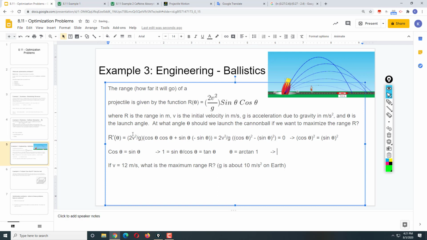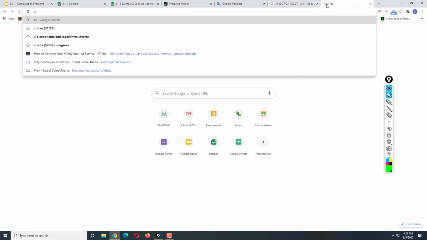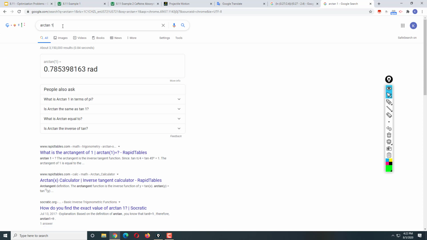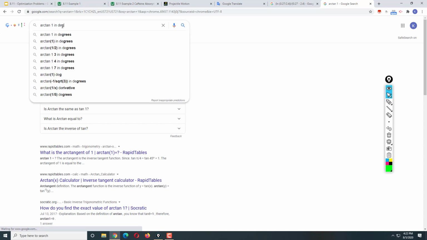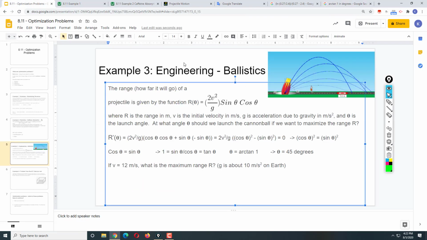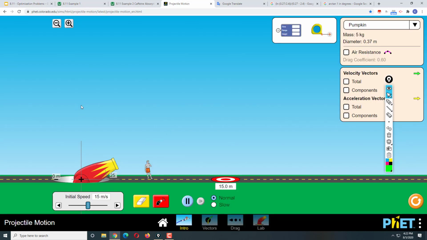Plug this into a calculator, and we get theta equals 45 degrees. Arctan of 1 is 0.7 radians, but we want to do it in degrees, and it's 45 degrees. So we know from this calculation that the cannonball goes the farthest when we're at 45 degrees.